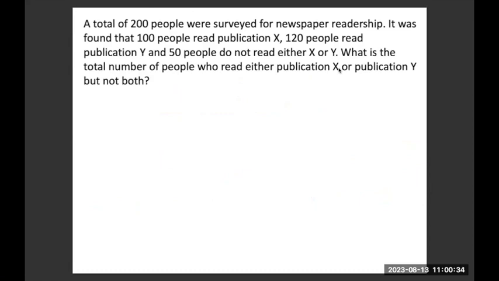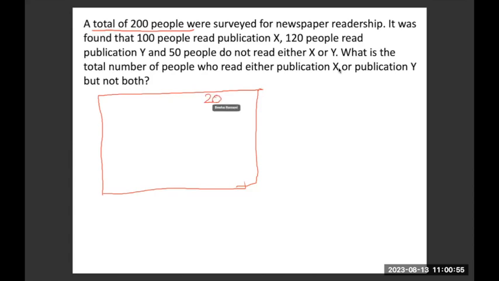Here you are given a total of 200 people. I have tried this solution only by drawing a Venn diagram because it's much easier. In this kind of question, try drawing a Venn diagram. It will be much easier to solve afterwards. You are given a universal set. You are given a total number of 200 people who are surveyed for a newspaper readership.